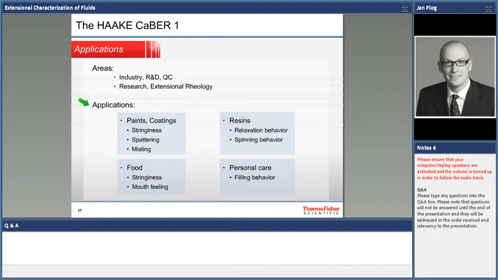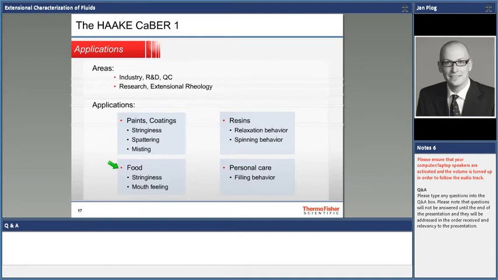The applications itself that we look into are mainly out of, let's say, 4 main areas. That's the big area of paints and coatings, okay, because all the coating processes, no matter if it's a roll coating, a curtain coating, offset printing, whatsoever, most coating and printing technologies incorporate very, very severe extensional flow fields, okay, and that is why that industry is so keen on understanding the extensional behavior of their systems towards that flow field.